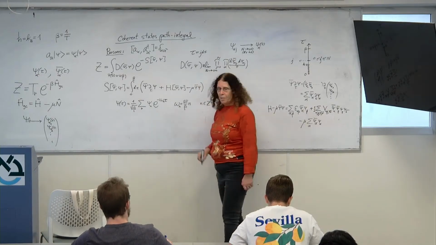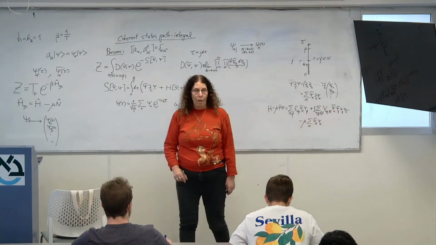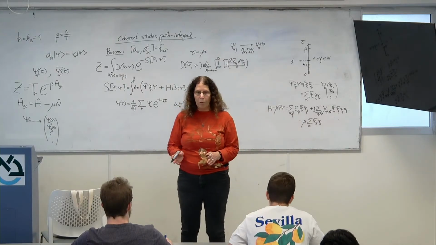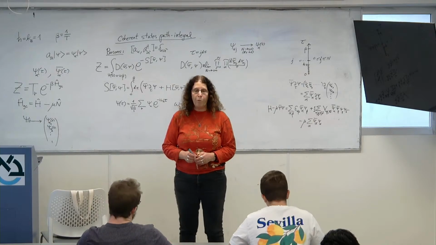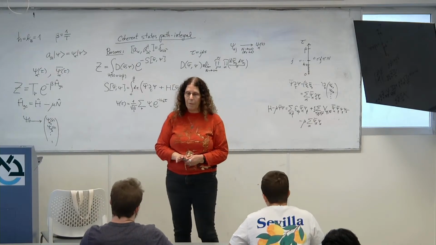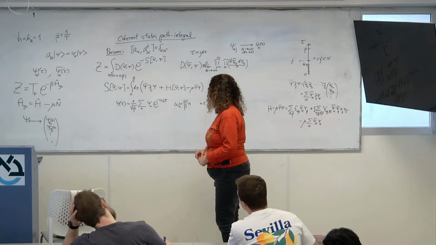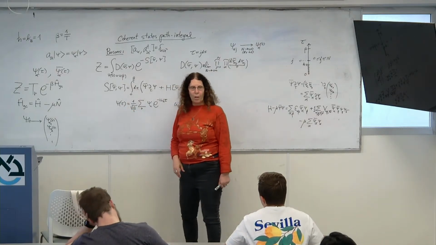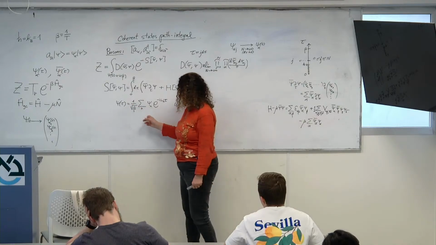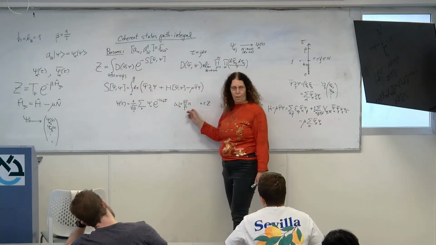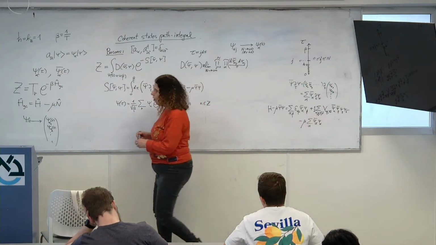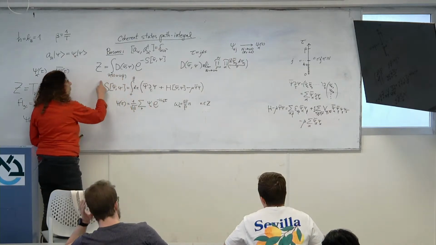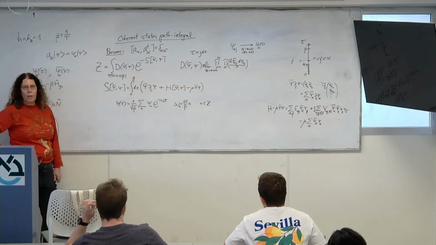Now why is this correct? Usually when you go to Fourier space, you do a Fourier transform, right? You go from tau to omega, with omega being a continuous variable. Why am I going to a Fourier series and why this particular form? Because of the boundary conditions.